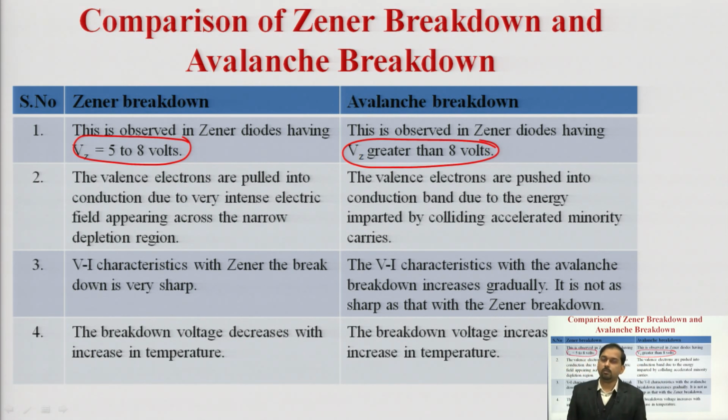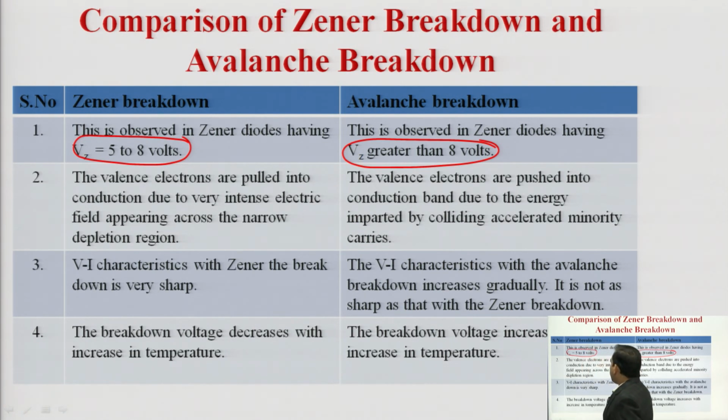Next, the Zener breakdown effect is due to the intense electric field, whereas avalanche breakdown occurs due to the increase in the velocity of the minority carriers. Due to that, the kinetic energy increases, and this increased kinetic energy is responsible for the breaking of bonds, and due to that the current increases sharply. This is the phenomenon for avalanche breakdown.